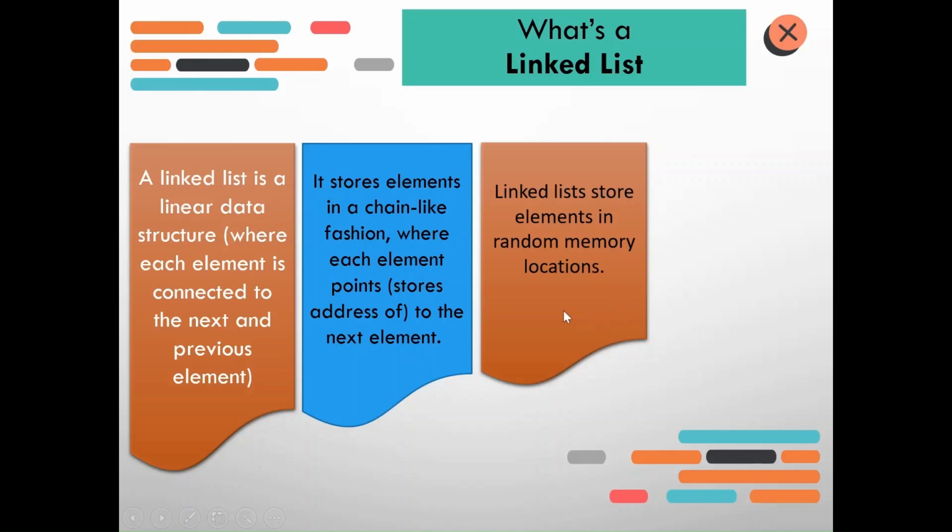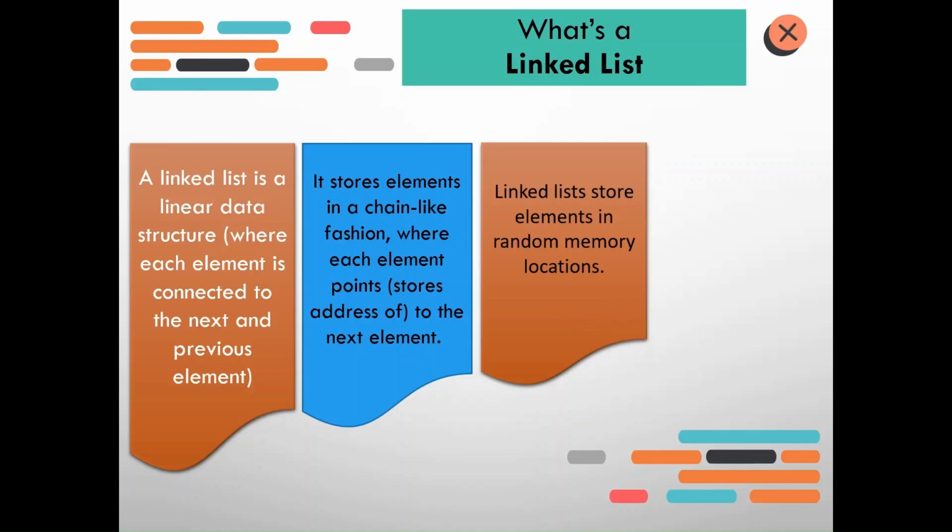So an array stores elements in contiguous locations. So if we have an array of, say, 10 integer elements, and hypothetically the base address, that means the address of the first element, is 100, then we are supposed to find the next element 2 bytes apart, that is at 102.